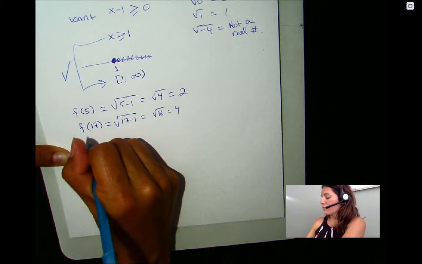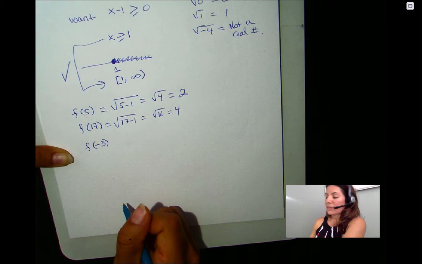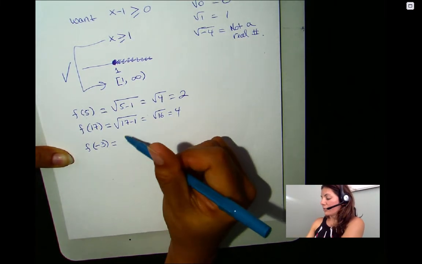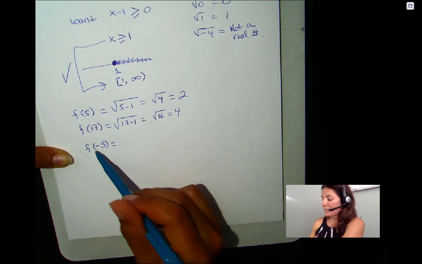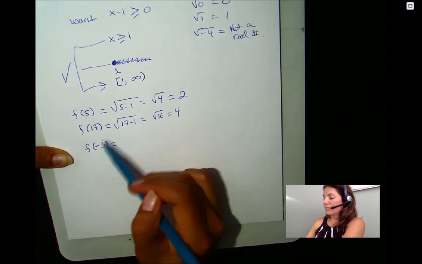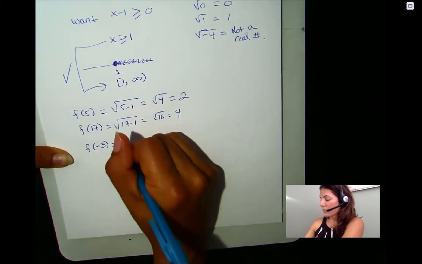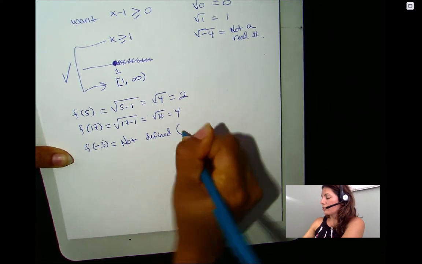Right, if I had asked you for f of negative 3, now we have a problem because I can't just plug it in. You're going to get not a real number, but notice that the first thing you got to ask yourself is, is this number in the domain? Negative 3 is not in 1 to infinity, so I don't need to worry about it. I will say this is not defined or not a real number.